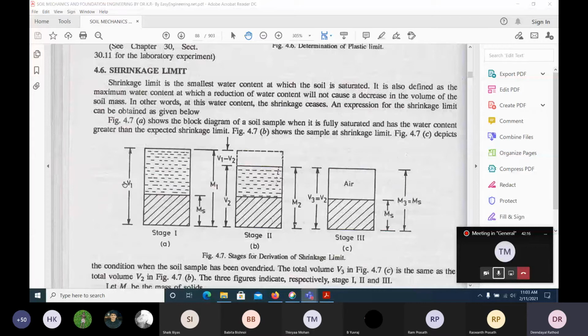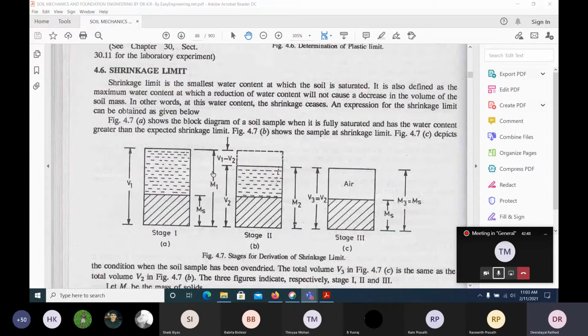This is volume V1, this is the mass of solids, and this is the volume of solids, Vs. Here the soil is in a fully saturated state. In the second stage, after drying it, the soil volume reduces and becomes V2. This is M1, this is V1, Ms, this is Vs.